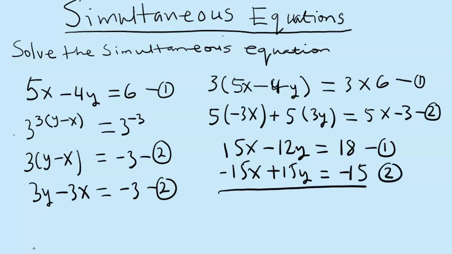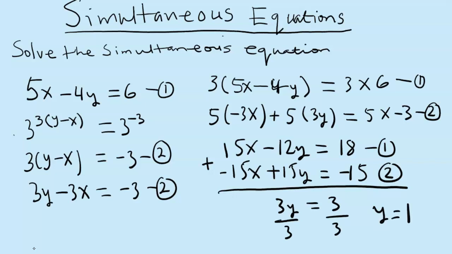So at this point, if we add them together, the x side will be 0, and here will give us 3y equals, and 18 plus -15 will give us 3. So we divide here by 3, divide here by 3, and then y equals 1.